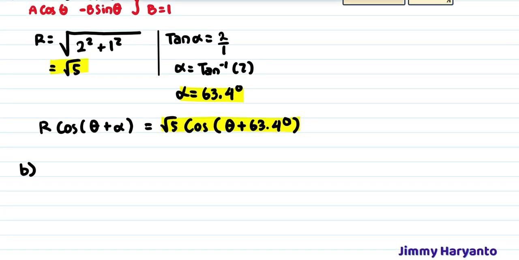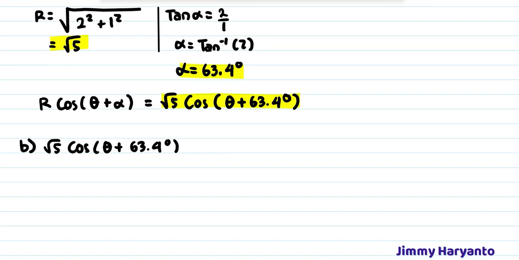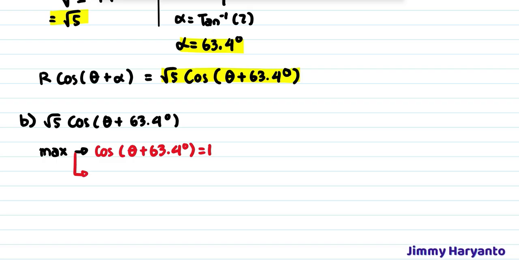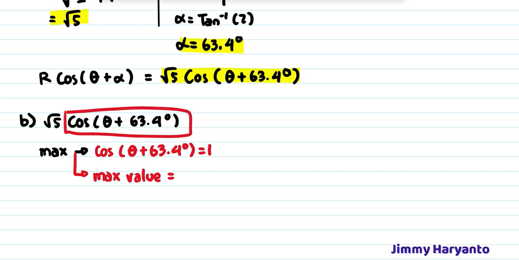So for part b, you only have to focus on square root of 5 cos(theta plus 63.4 degrees). Maximum value happens when the value of cos(theta plus 63.4 degrees) equals 1. That means to find the maximum value, you only have to change this part into 1.